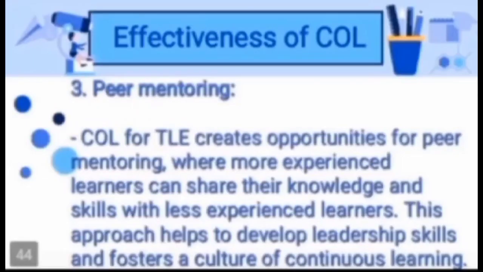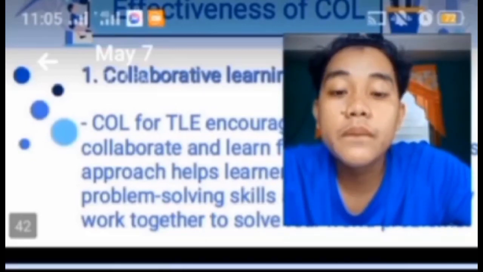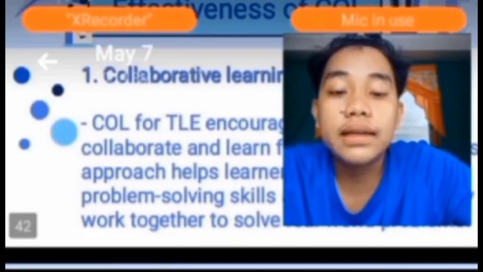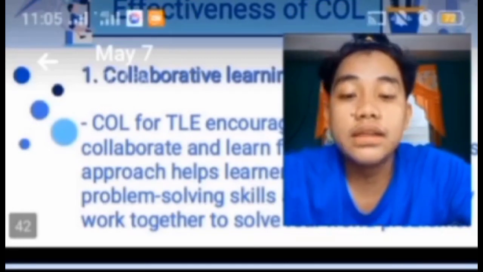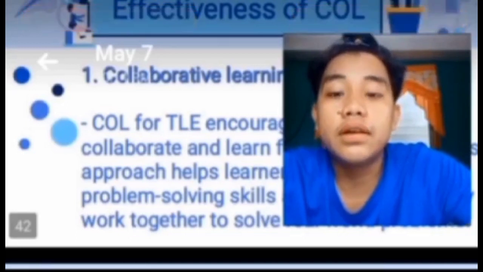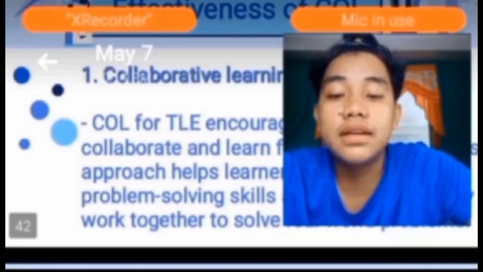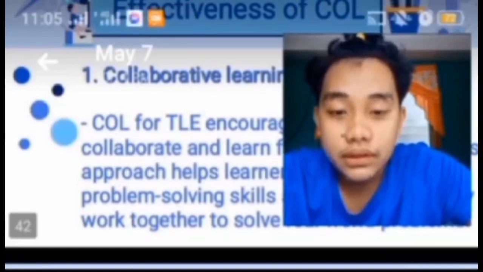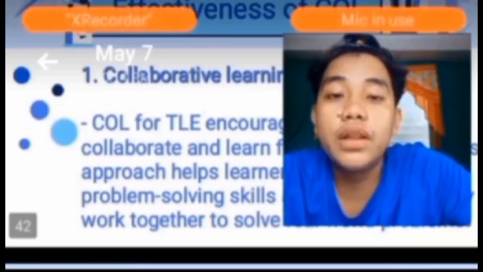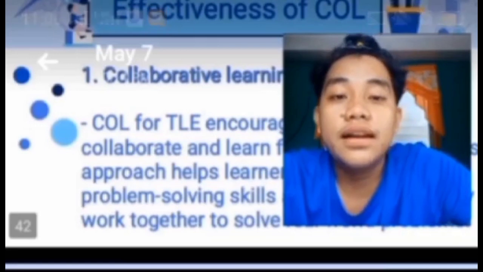So this approach helps to develop leadership skills and fosters a culture of continuous learning. So it enhances peer mentoring, peer to peer. So we really need highly experienced mentors as students. We need help from third year or fourth year students or teachers, through peer mentoring, to help us develop our skills to become a leader.